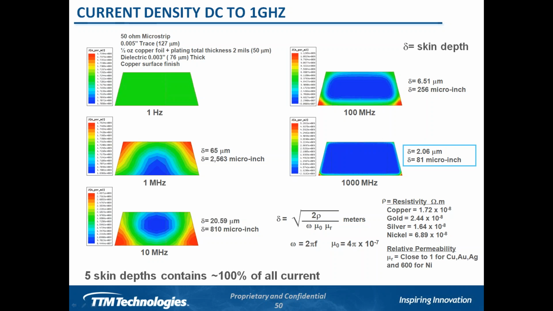So there can be cases where you're expecting your signal to travel through the copper only, but because you have an ENIG coating on some of these areas, you actually have signal that's traveling through a nickel layer rather than a copper layer. So these are all things you have to keep in mind as we look at copper roughness and also finish and how it affects current density on the electrical side.